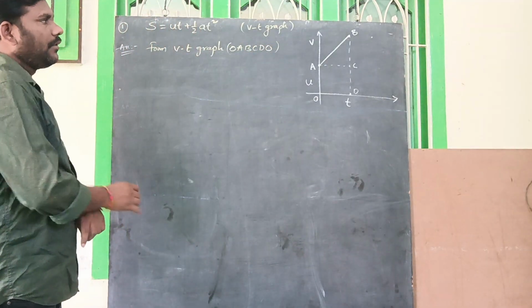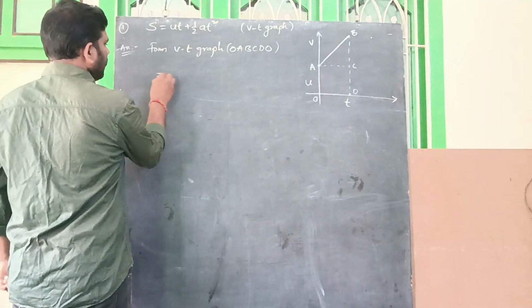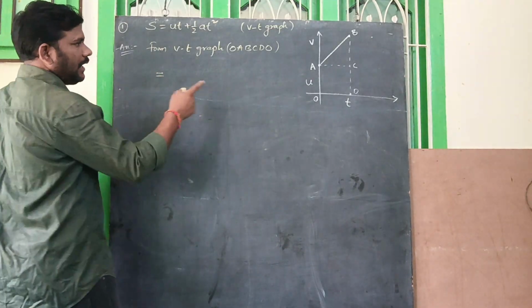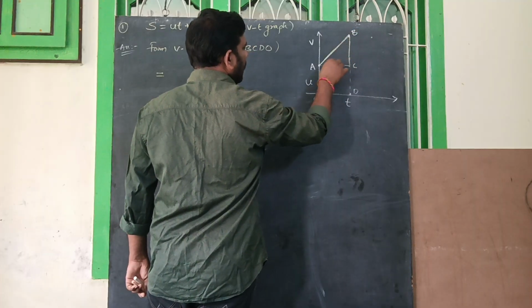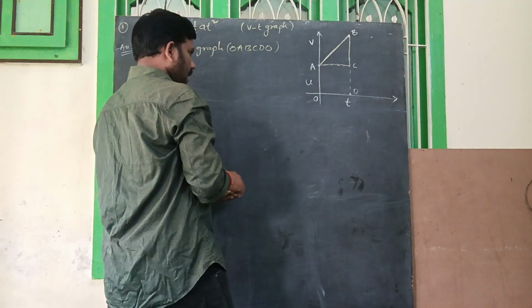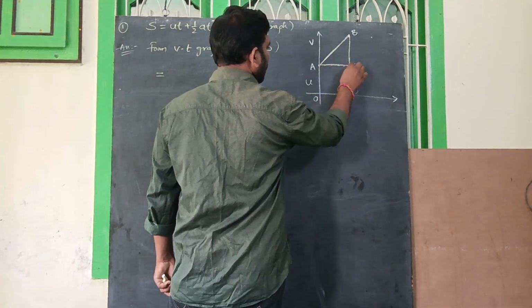In it, the first part is a triangle and the second looks like a rectangle.